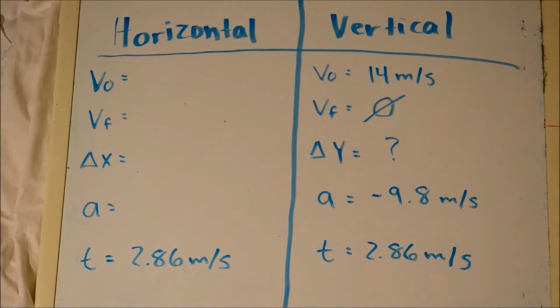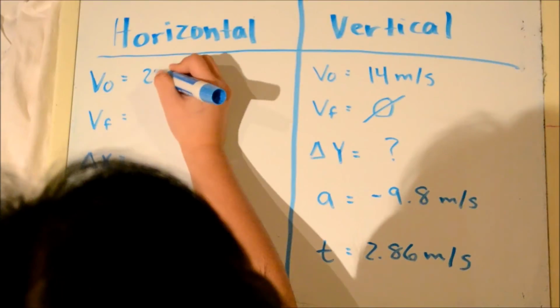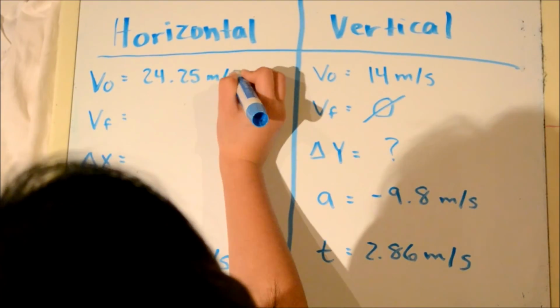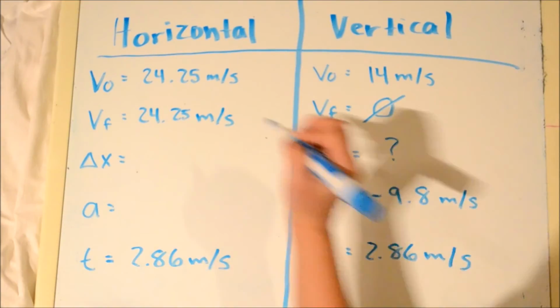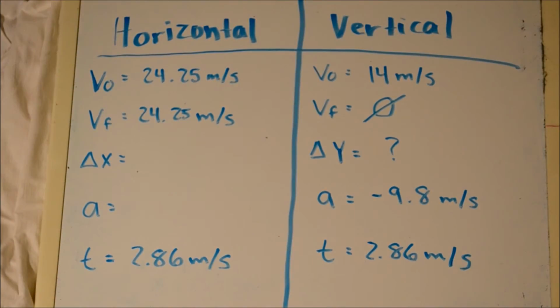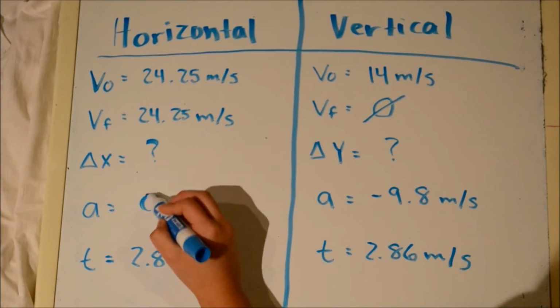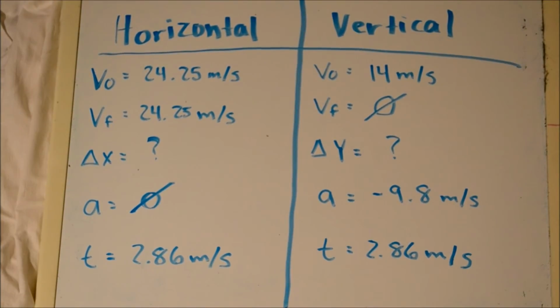So let's fill out the rest of this table. We know from the previous work we did that the initial velocity will be 24.25 meters per second, and that because with the horizontal motion the acceleration is 0, the velocity doesn't change, so the final velocity will be 24.25 meters per second. We need to find the change in x.